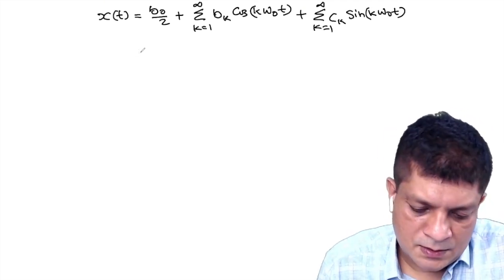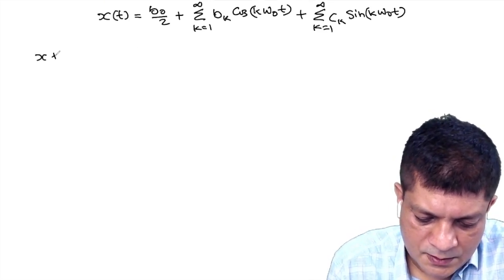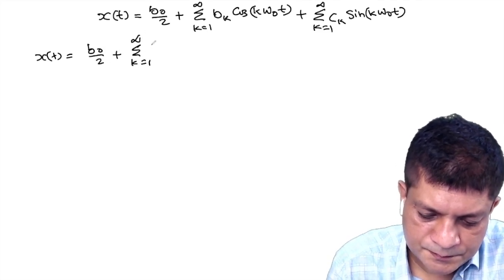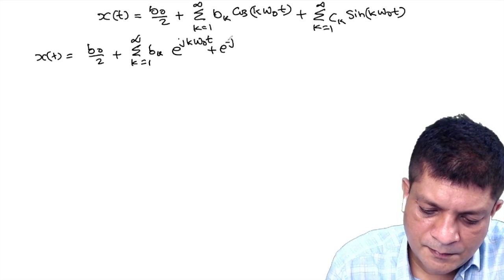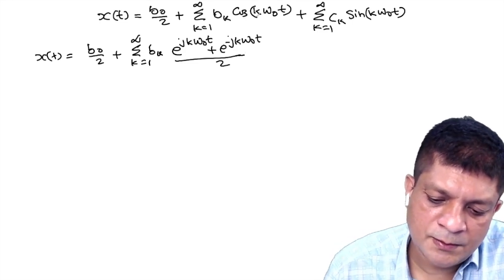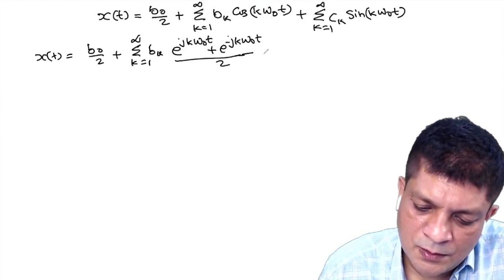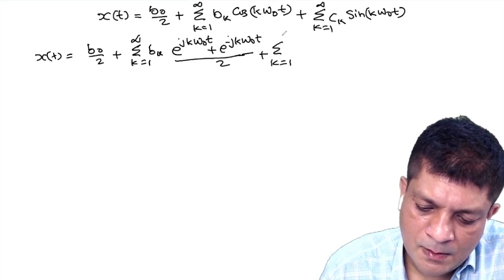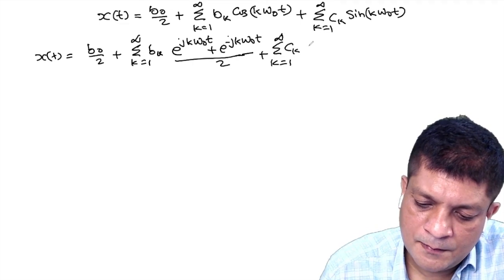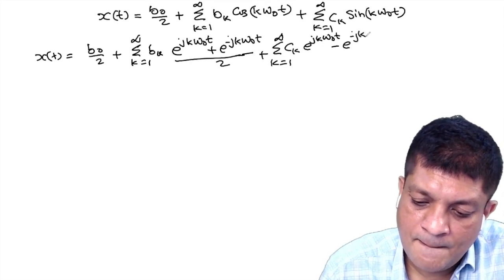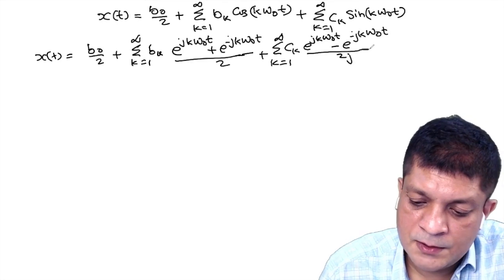Okay, now if I am writing this as, I can write x(t) as b naught by 2 plus... I'm writing cos omega naught t as e to the power j k omega naught t plus e to the power minus j k omega naught t by 2, plus... by 2j.